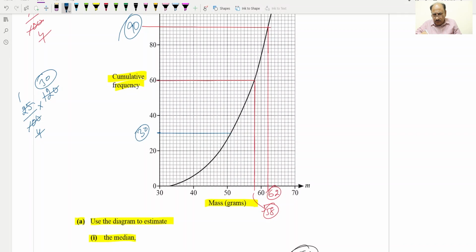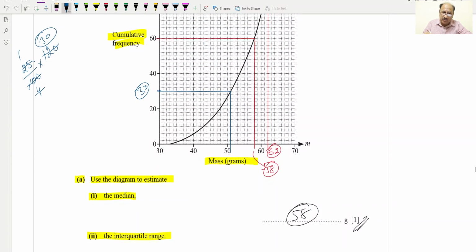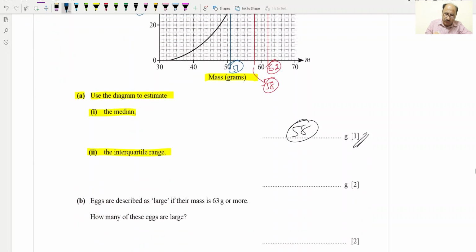If you are not understanding, you can revise and go through the video again and check. Hopefully you will be able to understand. This will be 51. So this point is 51. So upper quartile is 62, lower quartile is 51. So we can write 62 minus 51, which is equal to 11. So range will be 11, and this is 2-mark question.